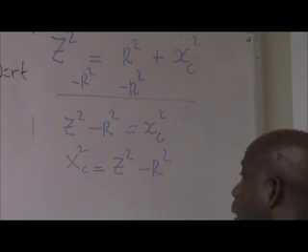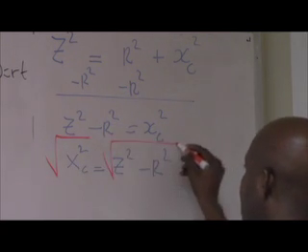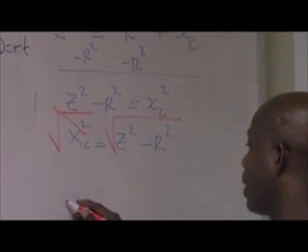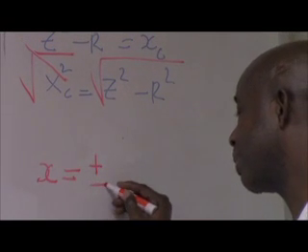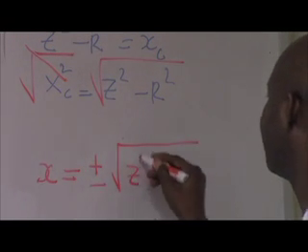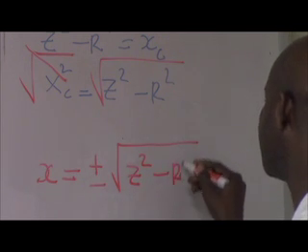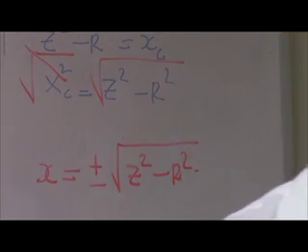Now that we have the square, to eliminate it, we must take the square root of both sides. So that square root and square cancel. I will have X sub C equal to plus or minus the square root of Z squared minus R squared. So we've solved and we've isolated that.